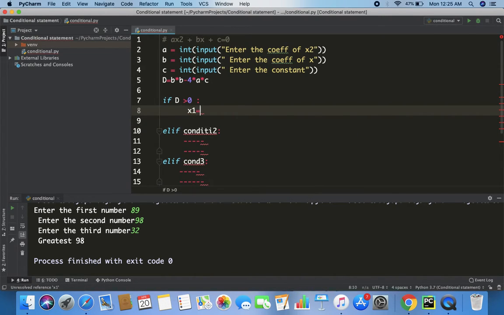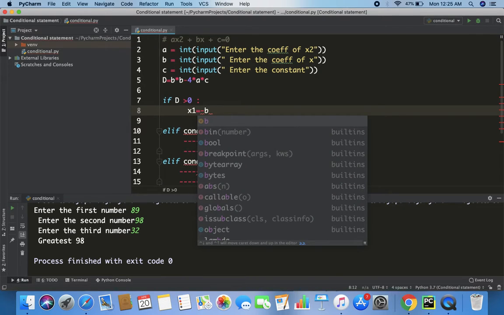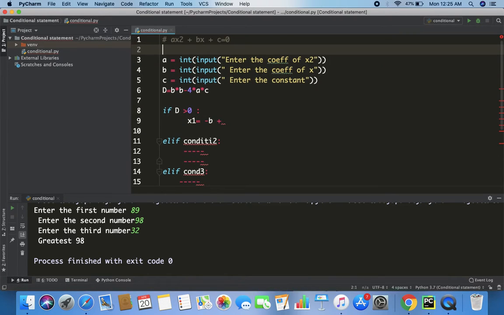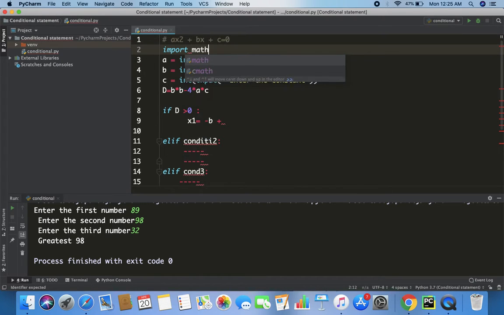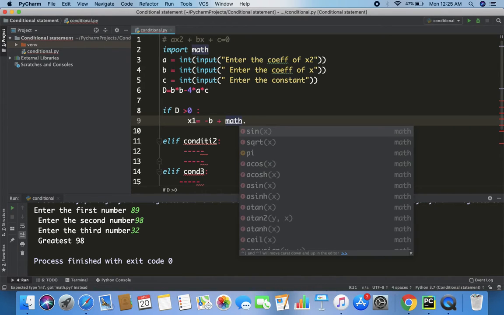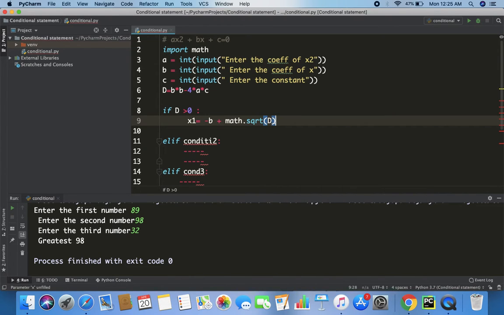And this one is x1 equal to minus b plus, we need to import the sqrt function, so import math, then we will use math dot sqrt d, and then this whole thing will be divided by 2a, so 2 into a. This gives you the first real root.